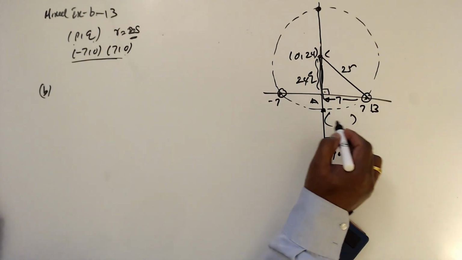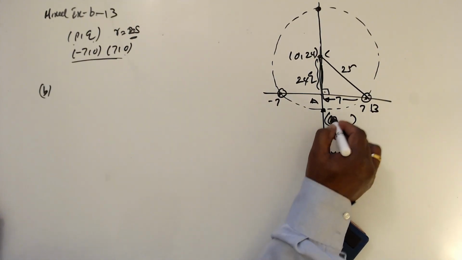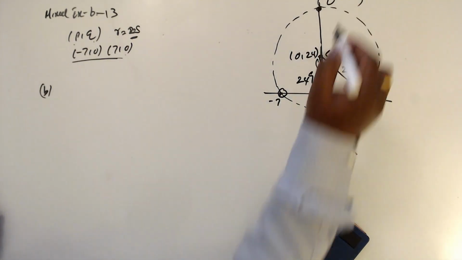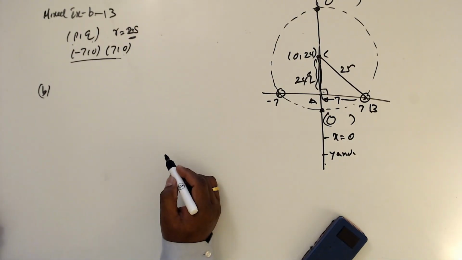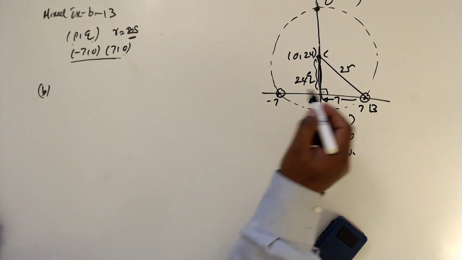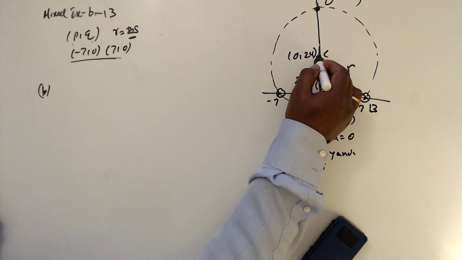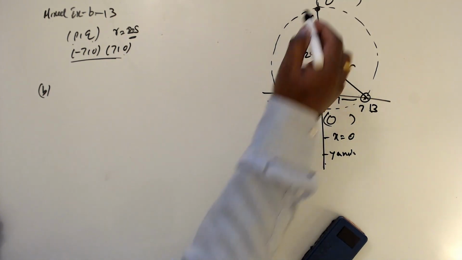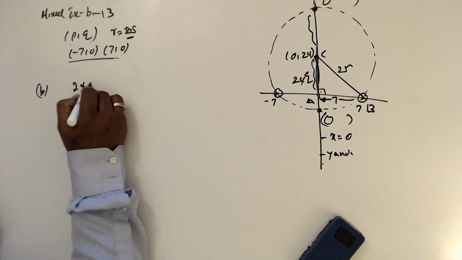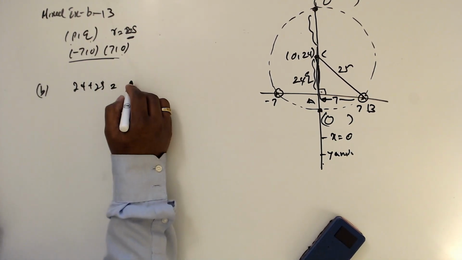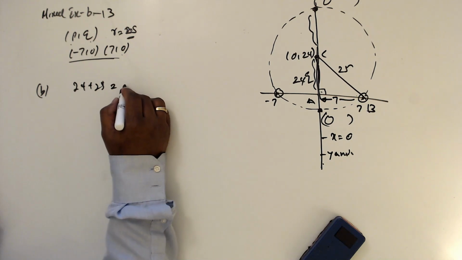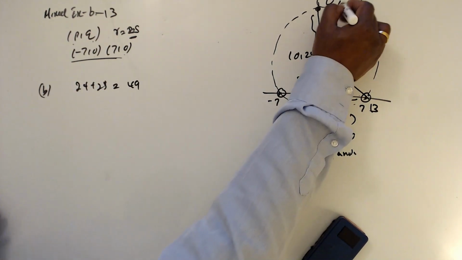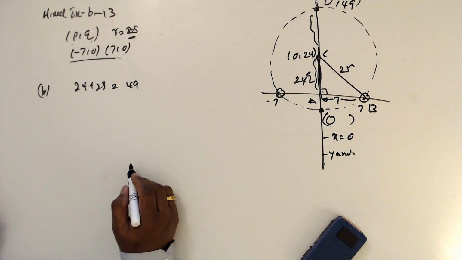We know the x value is 0, so it is still going along the y-axis. And the radius is 25. So this is 24 plus 25, which equals 49. So this is 0, 49.